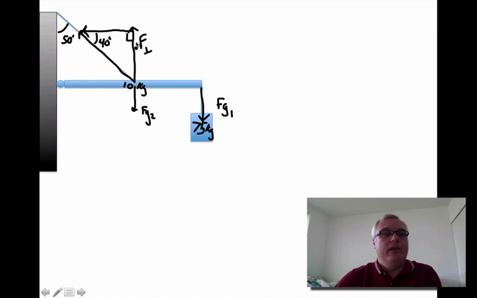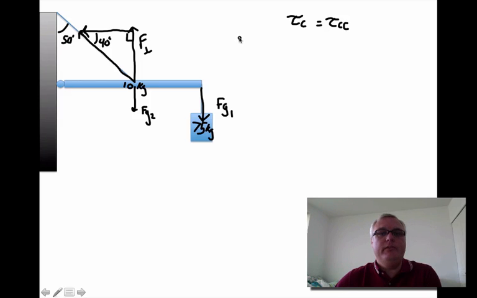And so we have torque being created by the tension in the counterclockwise direction, and torque being created by the two weights in the clockwise direction. And we want to know, what is the magnitude of the tension in this rope? Well, again, we know that for this type of question, the torques have to be equal to each other.